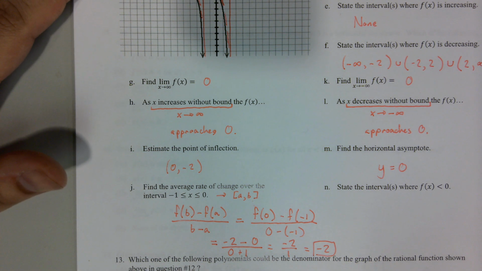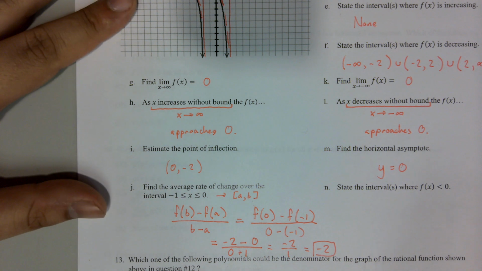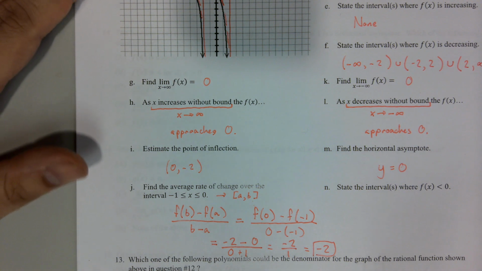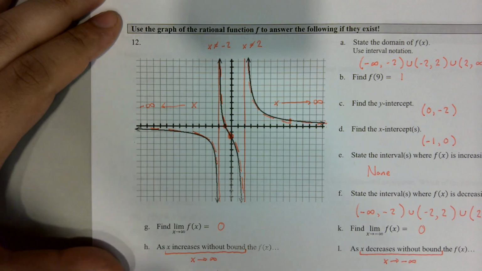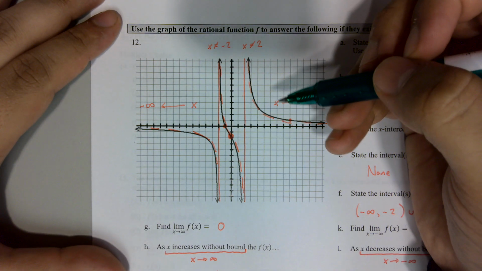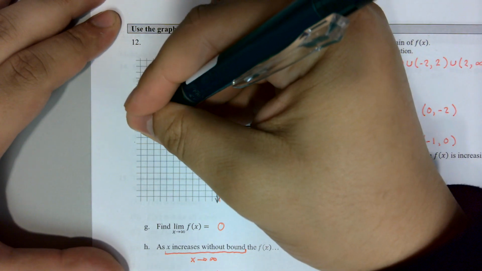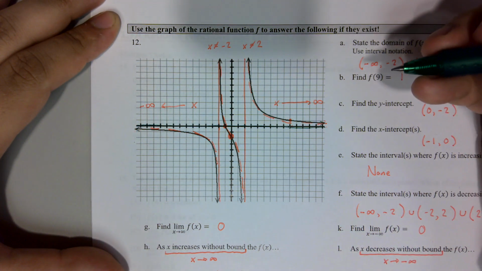Lastly, we want to find the intervals where f of x is less than 0. That just means, where is our function below the x-axis? So let's look at this. And I'm going to use a green pen so that we can differentiate it from everything that I've written in red. So the x-axis is this line right here, right?